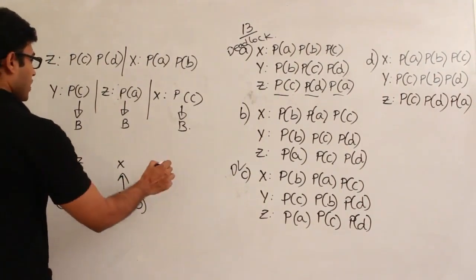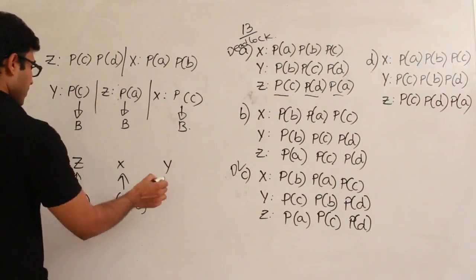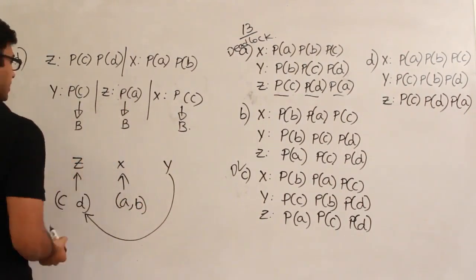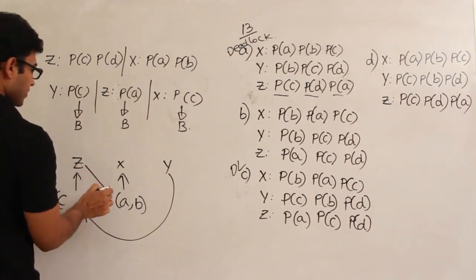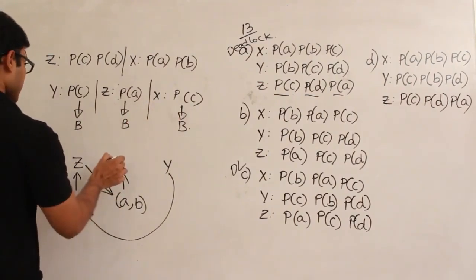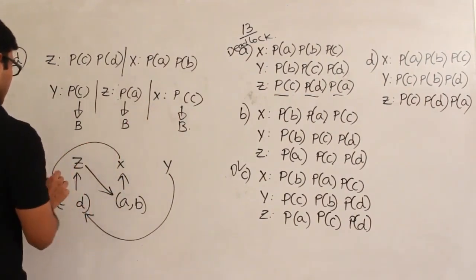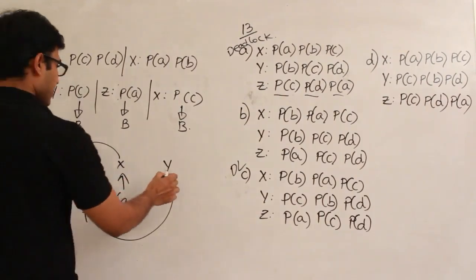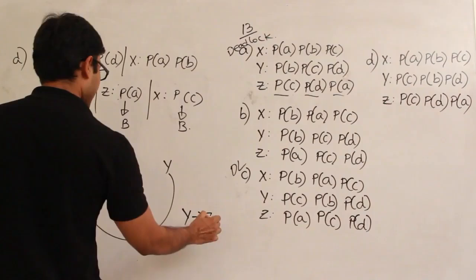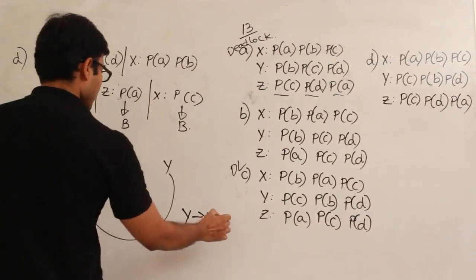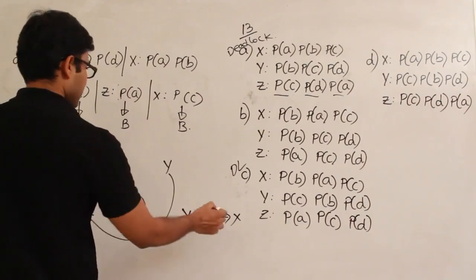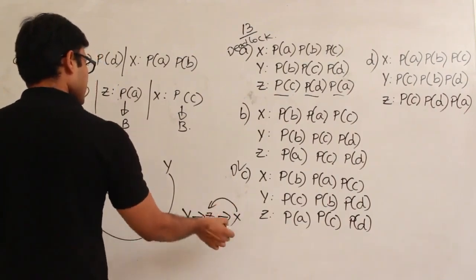And now Y is actually waiting for C, which means Y is waiting for Z, and Z is waiting for A, which means Z is waiting for X, and then X is waiting for C, which means like this, right? So watch it. Now what has happened is Y is waiting for Z, and Z is waiting for X, right? And X is waiting for again Z. Therefore again there is a cycle, right?